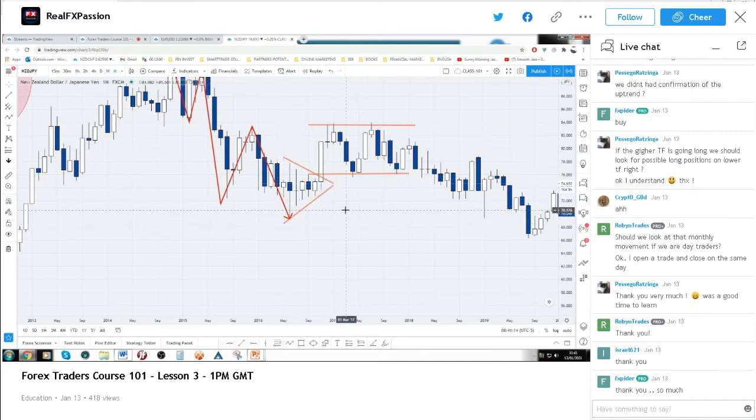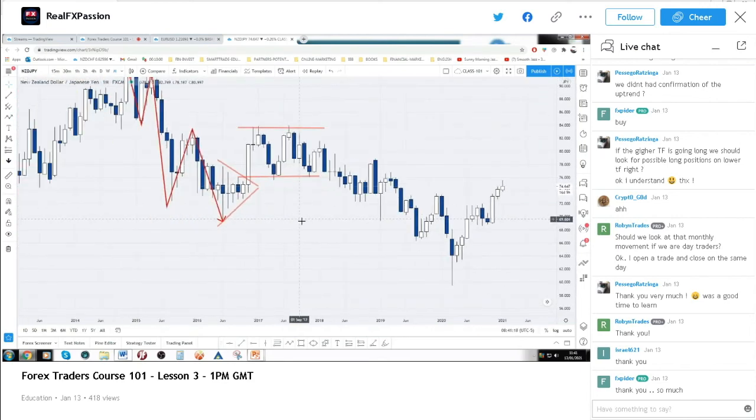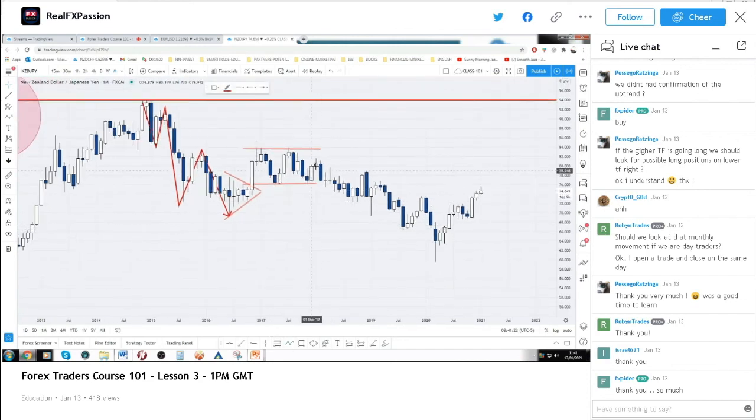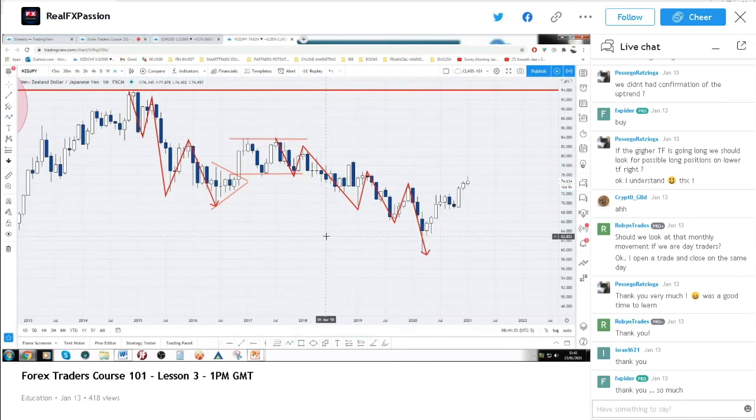So we were in here, and then the market broke out from the sideways movement and started to make, one more time, high to low to high, to low to high to low to high to low. So downtrend, right? The market making lower highs and lower lows.